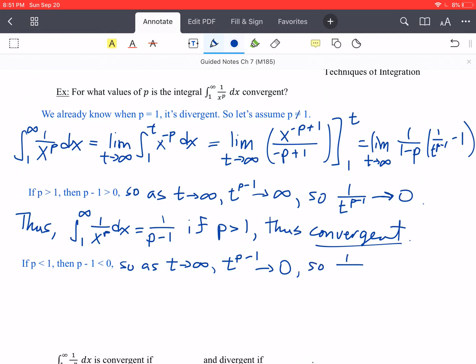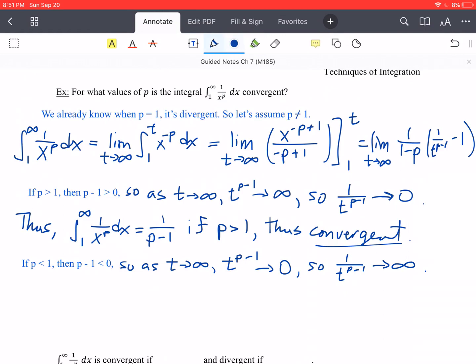So 1 over t to the p minus 1 is going to head towards infinity because of a similar rationale where if the denominator is getting really, really small, the entire value is getting really, really big. Okay? So, kind of the opposite argument of what we just had in the previous case.